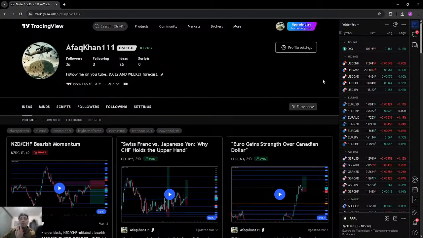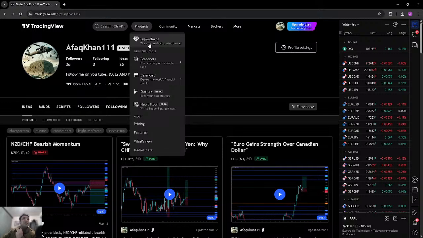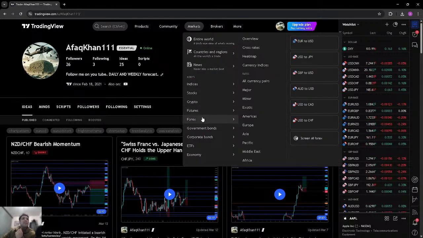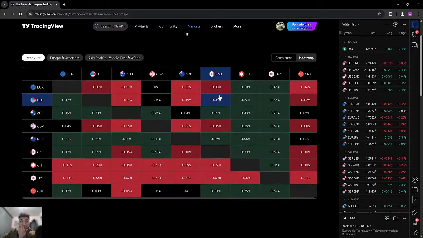Secondly, I want to show you something else which we can discuss. It's a heat map, and we have been discussing that. For example, say you want to look at EUR USD: look here, Euro, and this is USD.